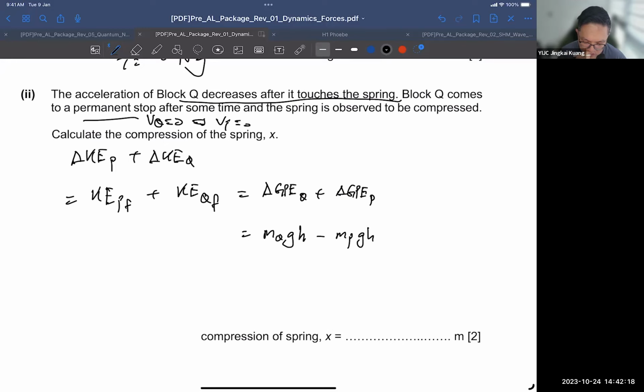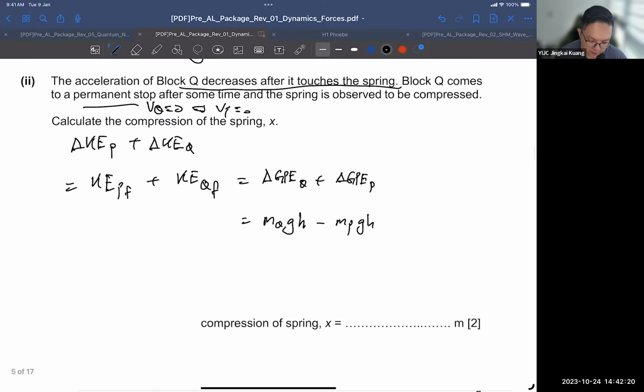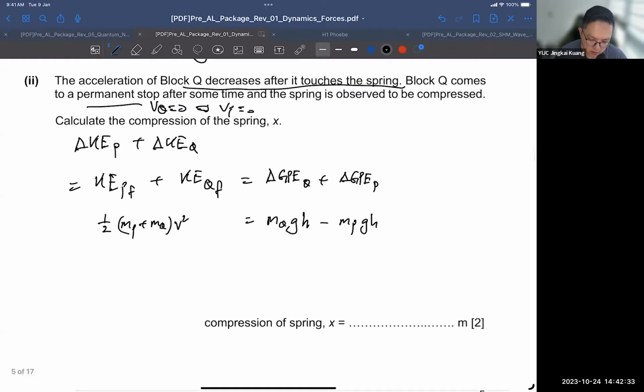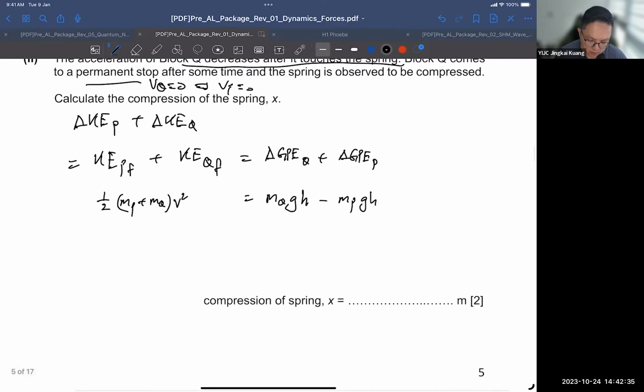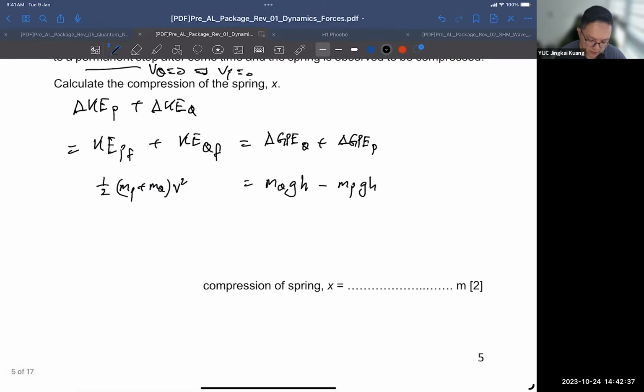This is very interesting. The velocity will be the same for both, so half (MP plus MQ) V squared equals the net GPE change. Let's continue first, then we see what we get from here.